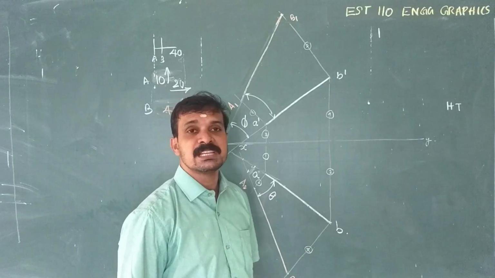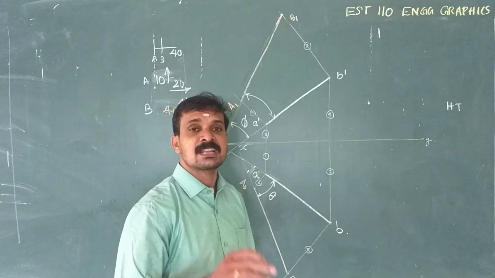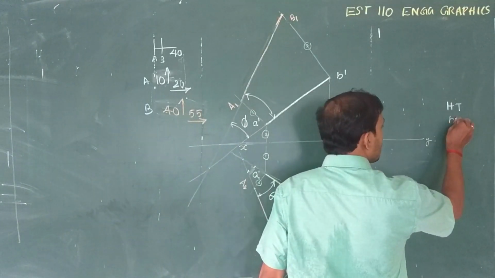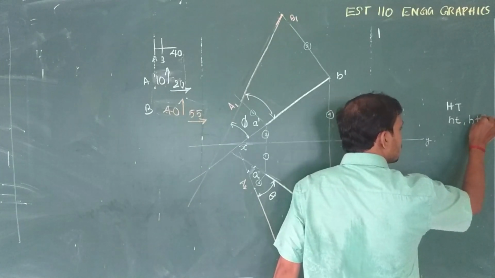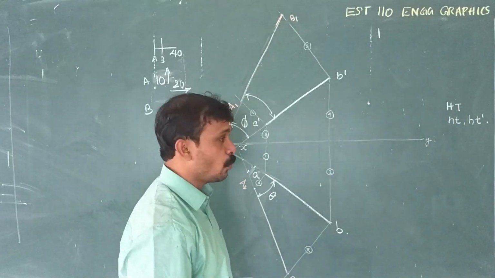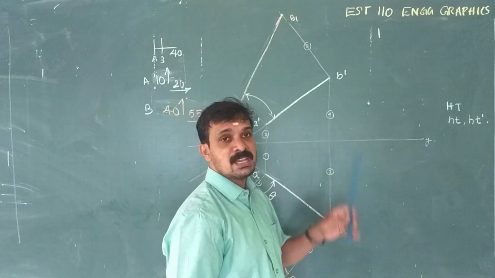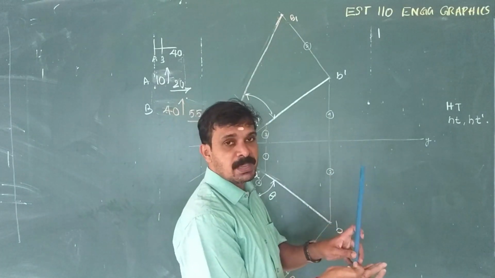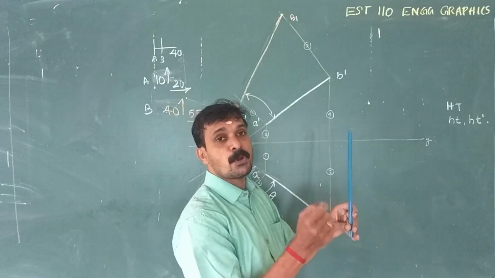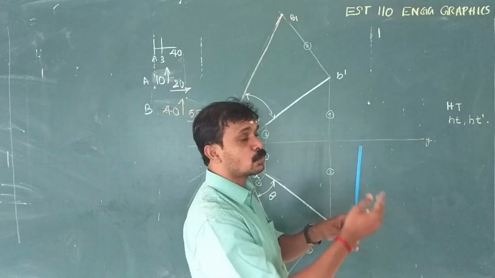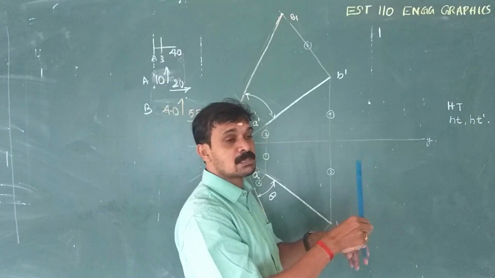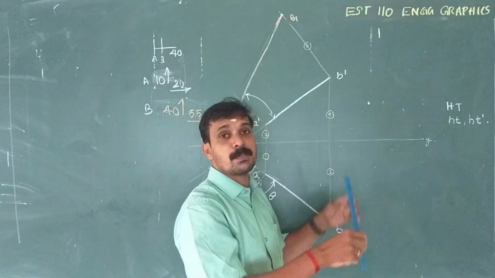And if the point is capital HT, its corresponding projections will be HT and HT dash. We know that when a point is on HP, in the front view the point will be on the XY line, and in the top view it can be in front of VP or behind VP.